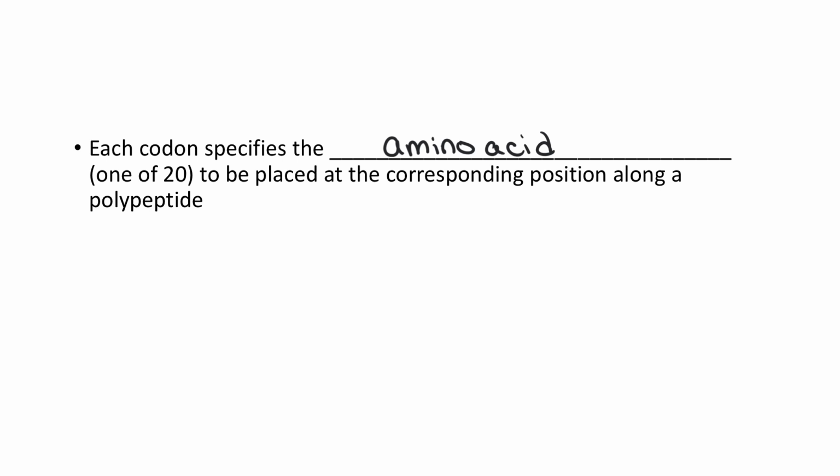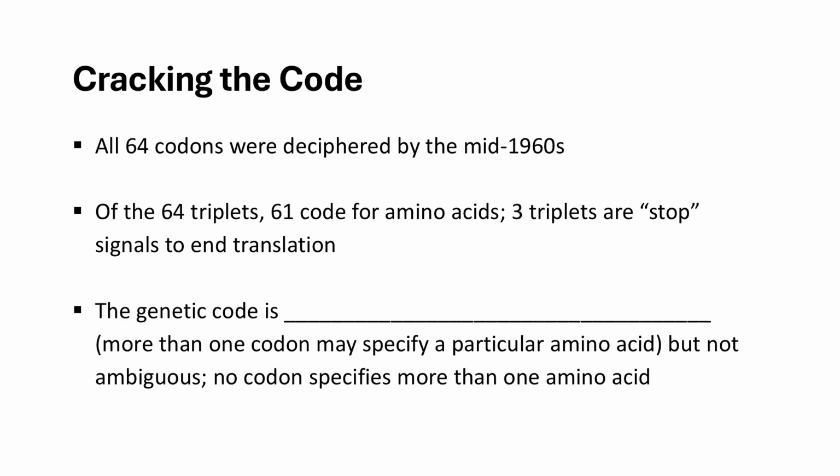There's 20 different amino acids, and that codon is going to specify the amino acid that is going to be placed at the corresponding position along a polypeptide as the ribosome is synthesizing the protein. All 64 codons were deciphered by the mid-1960s. Of the 64 triplets, 61 code for amino acids, while the other 3 triplets are stop signals to end translation.